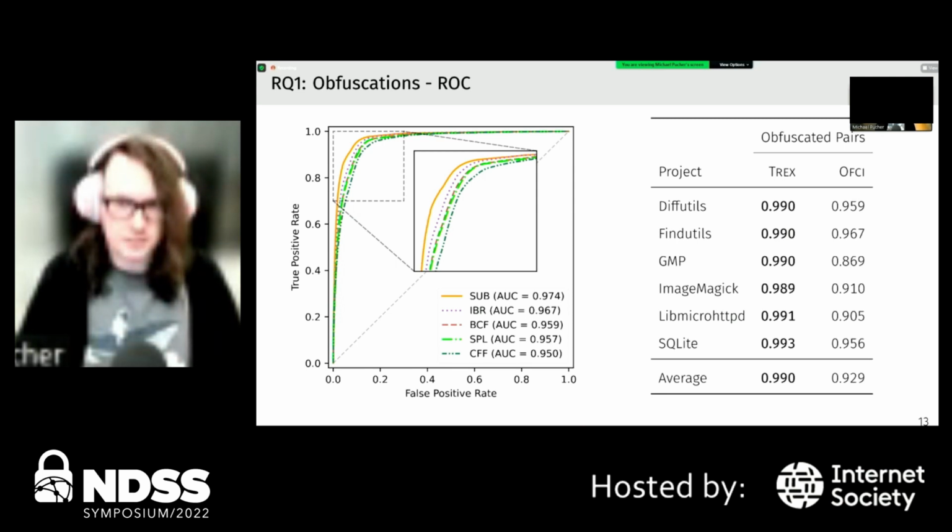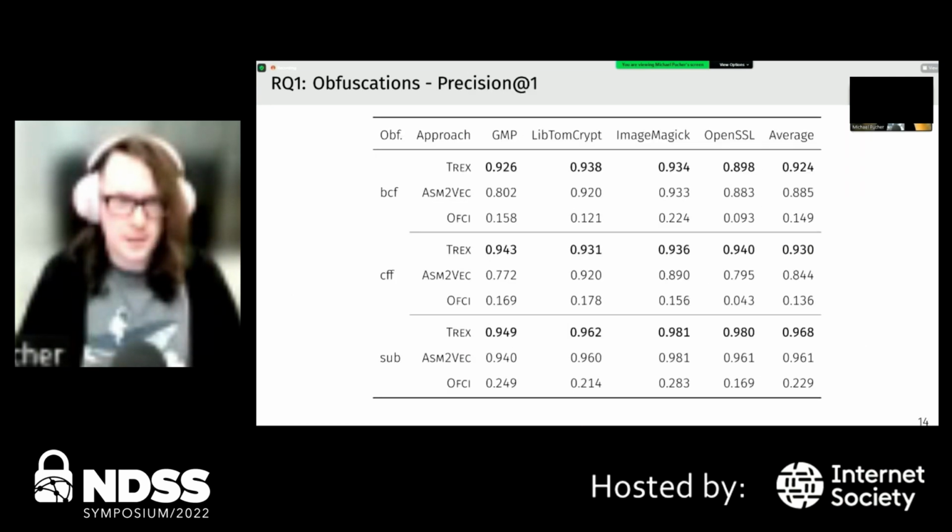So we were kind of disappointed, but the values still are not too bad for receiver operating characteristic. Unfortunately, this doesn't really translate into the function search performance, where we only perform about roughly 1/3 of TREX and ASM2VEC at best. So this is obviously not good.